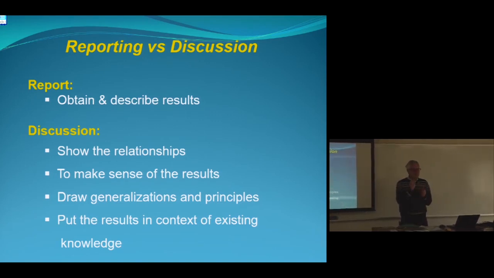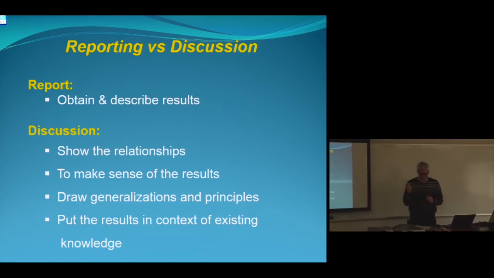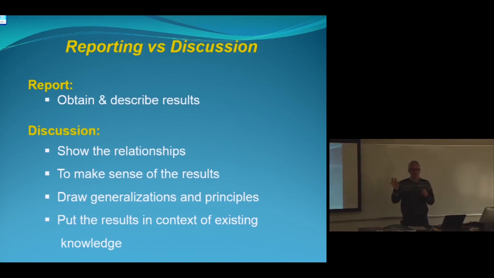Often, the discussion section that I get to read is more a report than a discussion. And I'd like to emphasize the difference between the two. A report just says this was what was found and just describes the values found for the results.